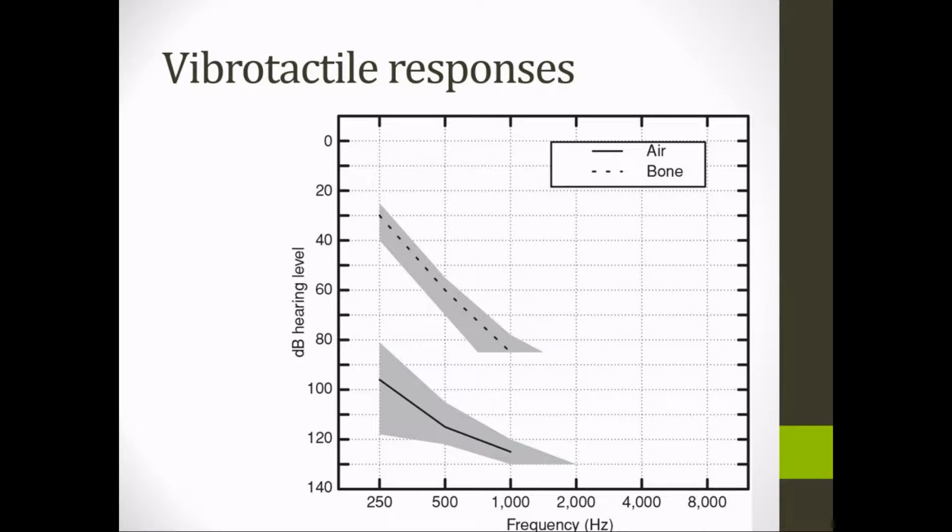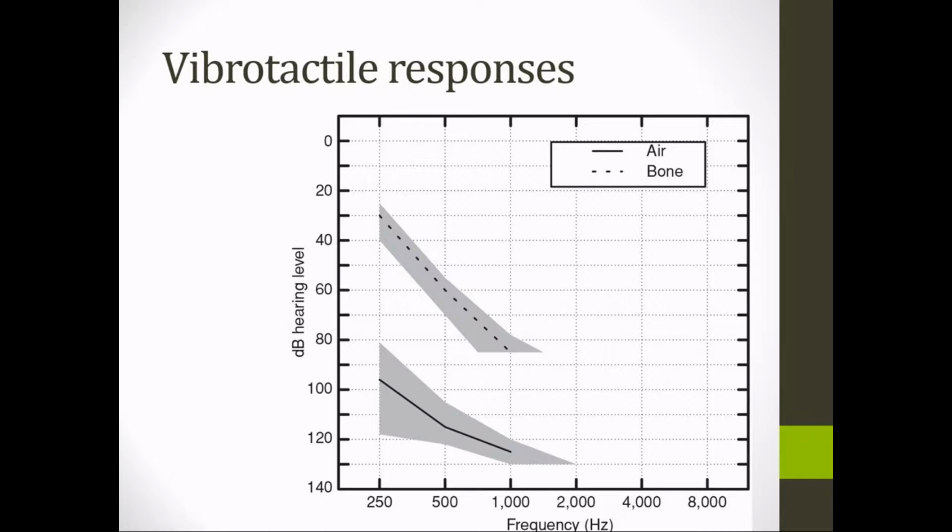So, at 250 hertz, if you use the bone oscillator to play a sound that is 40 dBHL, right here, even if the person can't hear it, they may be able to physically feel the bone vibrator buzzing on their head. And they raise their hand, oh, yep, got it. And so this very low threshold for vibrotactile responses, especially at 250 hertz, is one of the main reasons you don't really see bone conduction testing at 250 hertz all that frequently.